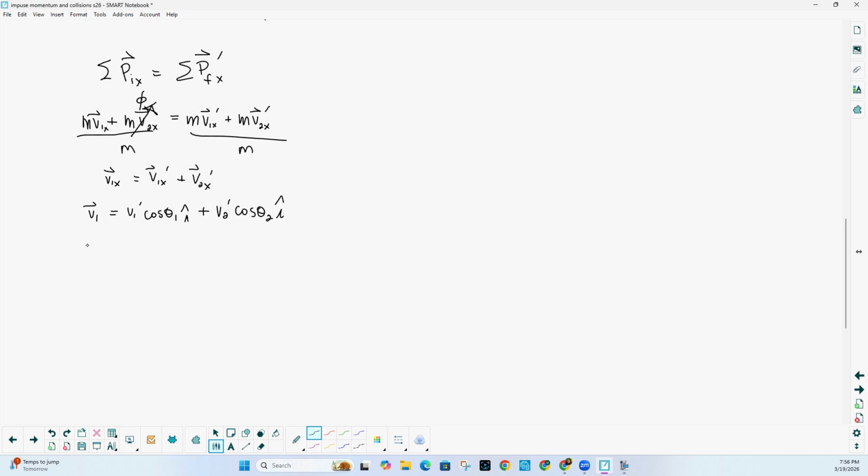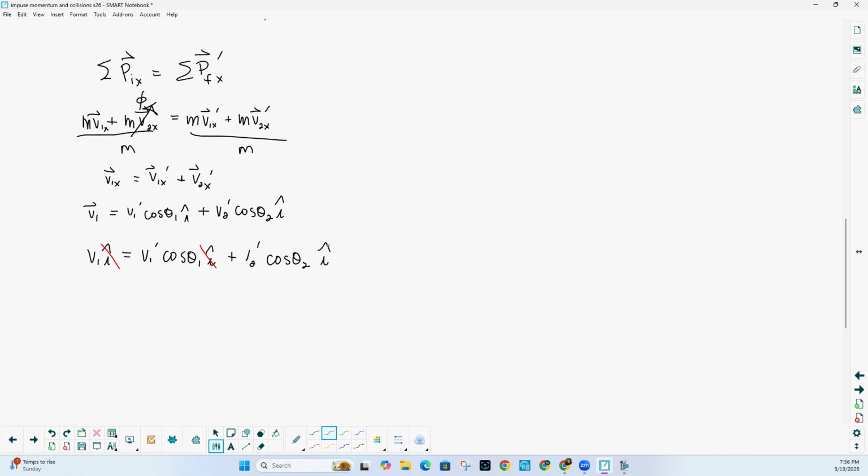All right, if I write this without the vector sign, I end up with v1 is going east, and that's equal to v1 prime cosine theta 1 i hat plus v2 prime cosine theta 2 i hat. Yes, I could have written it this way to start with, and I probably should have. Now I can cross out all the unit vectors.